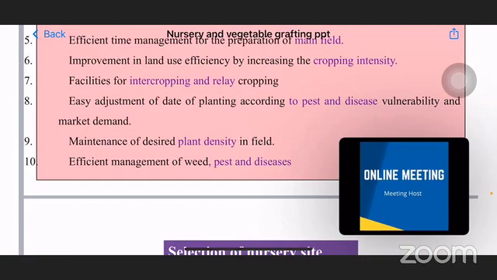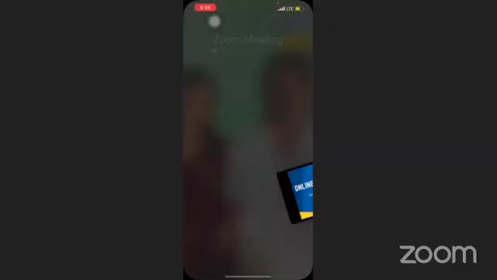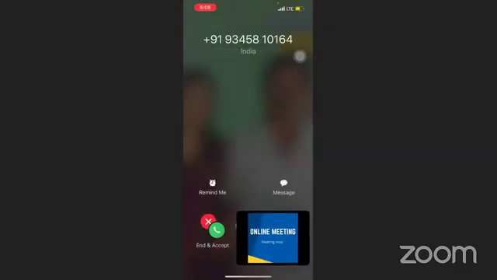If we grow the seedlings in the nursery condition, we can get more seedlings as compared to the main field. In the main field, we cannot see each and every plant, and we cannot care for each and every plant. Likewise, it also facilitates intercropping and relay cropping. If our seedlings are ready in the nursery condition, during that time in the main field, we can also grow another crop.